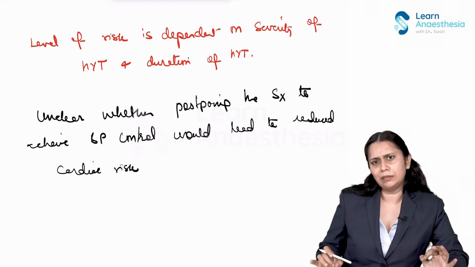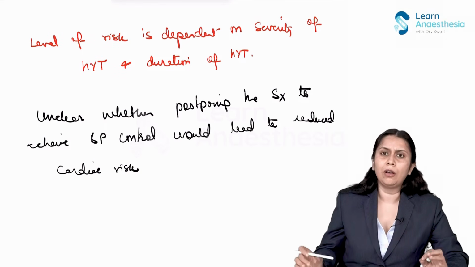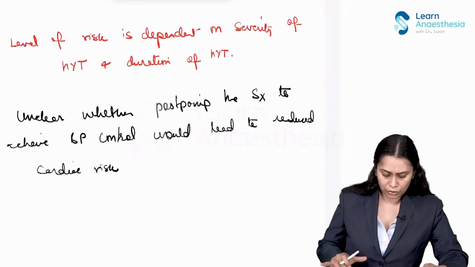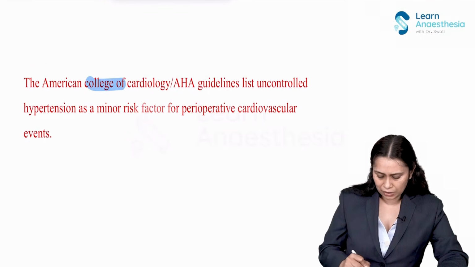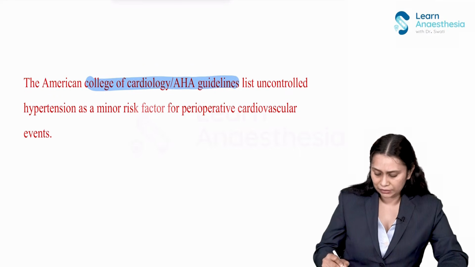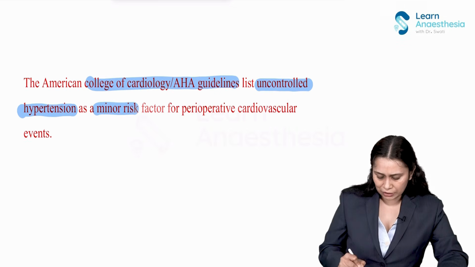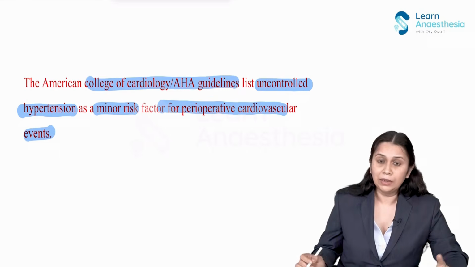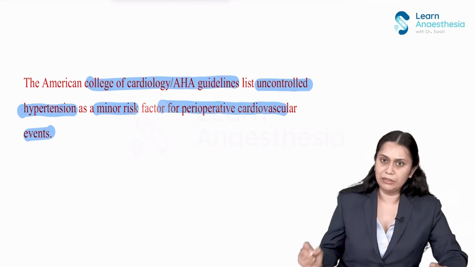Now, under what criteria does hypertension come? Low risk, mild risk, or moderate risk according to the American Heart Association. We need to know. The American College of Cardiology and American Heart Association guideline lists uncontrolled hypertension, the hypertension which is not controlled, as a minor risk factor for perioperative cardiovascular events.